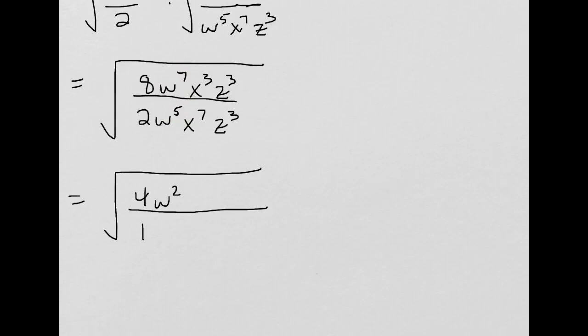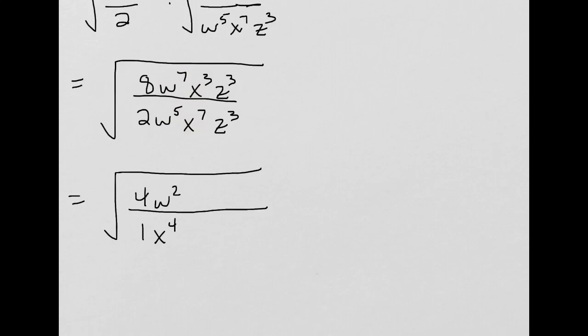If we look at our x's, this time I have more x factors on the bottom than I have on the top. So I know I'm going to be left over with x's on the bottom. How many? Well, if I subtract 7 minus 3 is 4. So I'm left with x to the 4th on the bottom. And now if I look at the z's, well, I've got the same number of factors of z on the top as I have on the bottom.